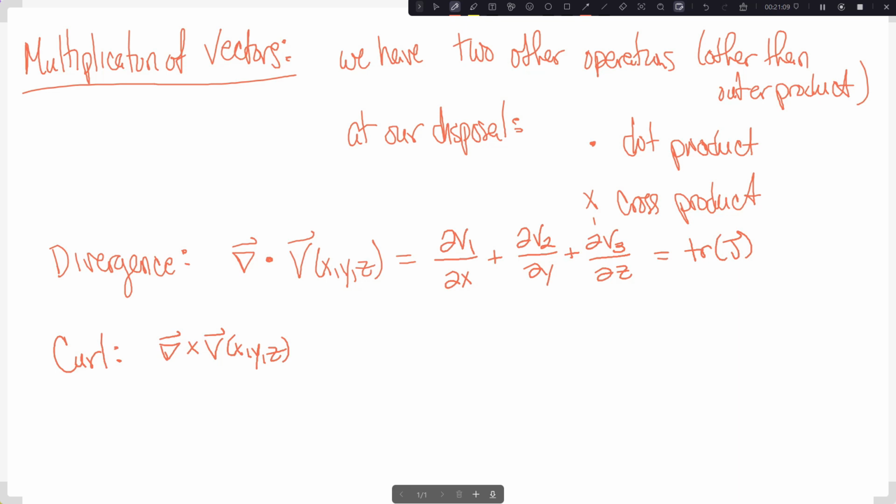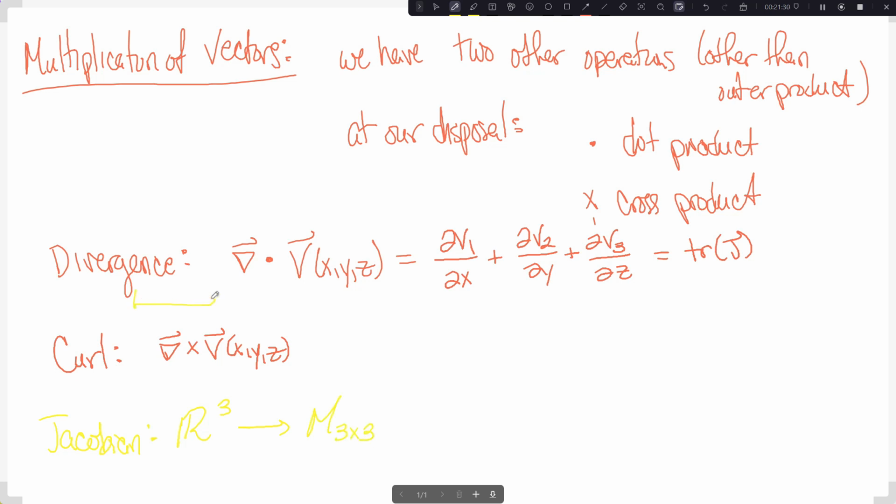So something that I want to mention about these is that, okay, so we had the Jacobian, which took me from a three-dimensional vector into really a 3x3 matrix. So I jumped up the dimension.